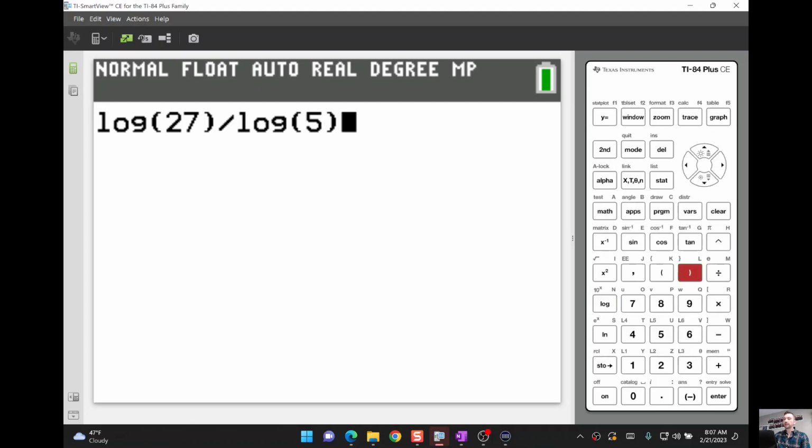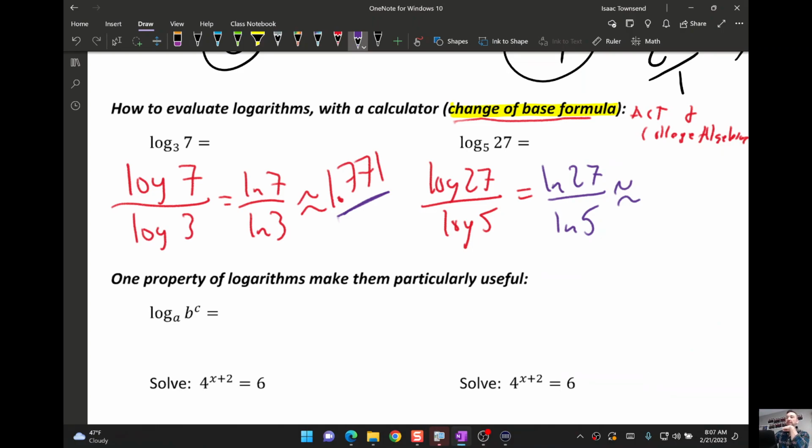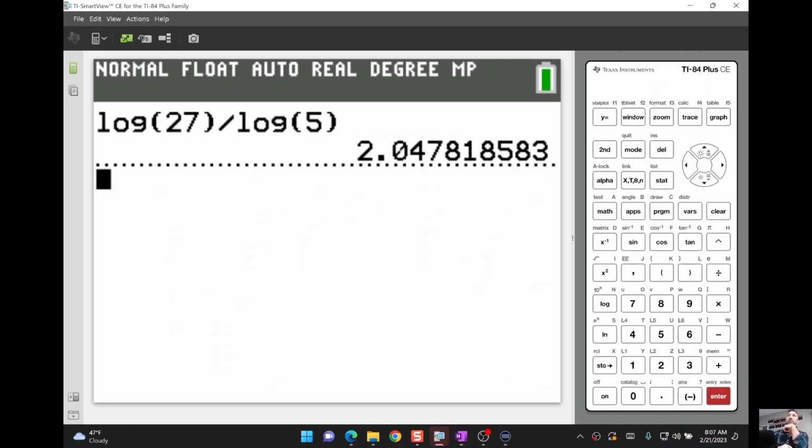Now, before I hit enter here, what kind of answer do you expect? A little above 5. Or a 2, I mean. Yeah, you see, you're thinking multiplication there. Because 5 squared would only be 25, and we want it to be a little bit more than that, right? So our answer is going to be a little bit bigger than 2.